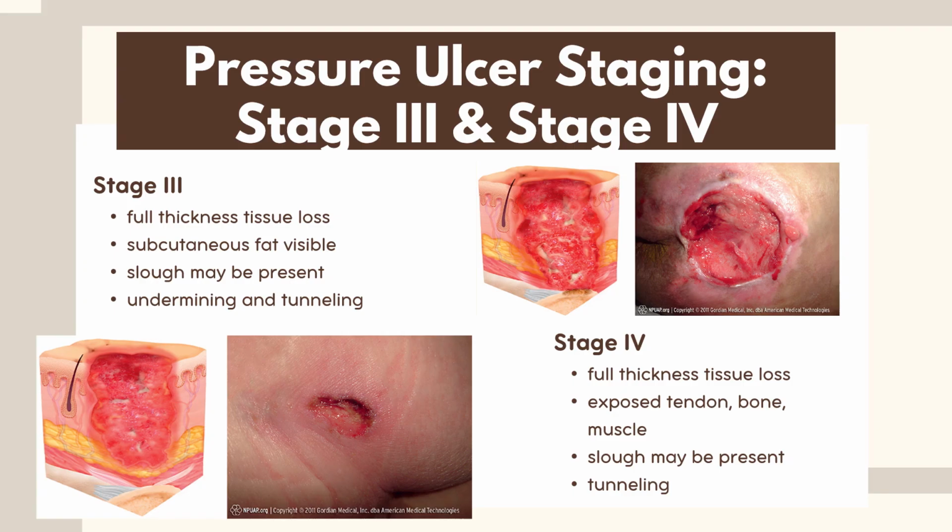So it's going to look kind of like a deep crater-like ulcer, and you can see that in the picture in here as well. Subcutaneous fat may be visible, but it's not always visible. But as I said before, bone, tendon, and muscle are not going to be visible. You may have some undermining or tunneling. This can be very painful and prone to infection for that patient.